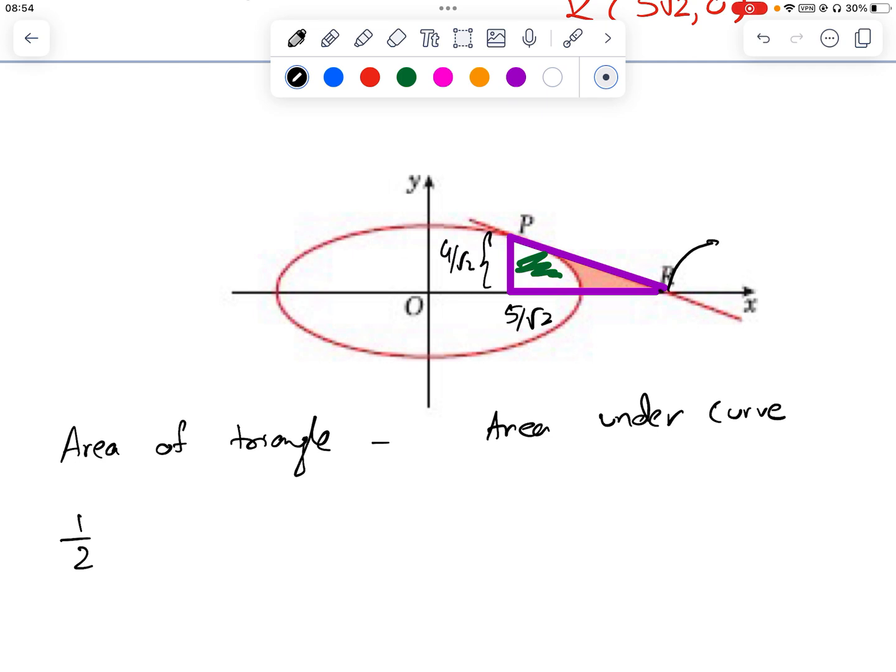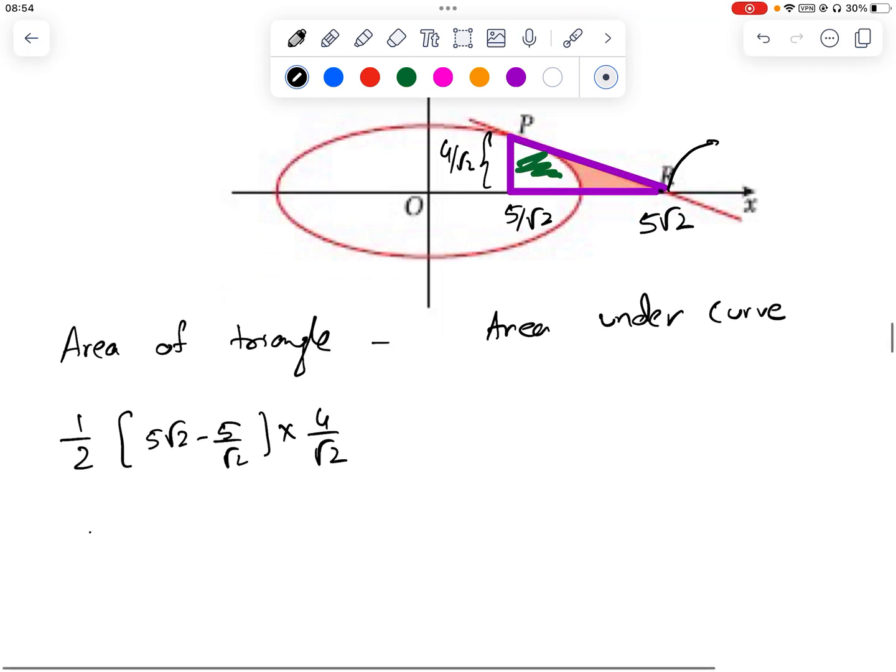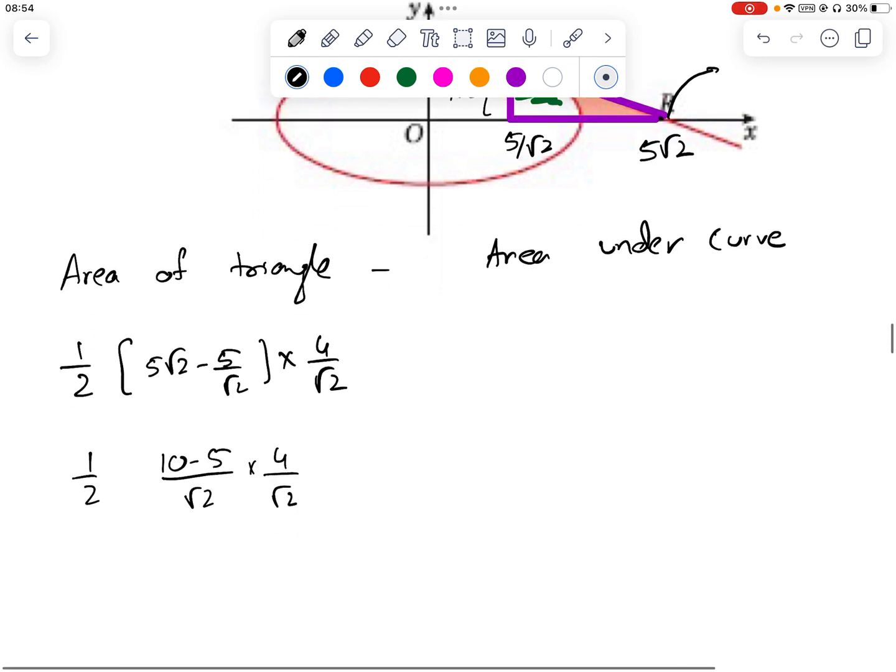And R is the x-intercept, which we have found, 5 root 2. So base will be 5 root 2 minus 5 upon root 2, and height will be 4 upon root 2. So it will become 1 upon 2, 10 minus 5 upon root 2 times 4 upon root 2. So it becomes 20 upon 4, which is going to be 5.